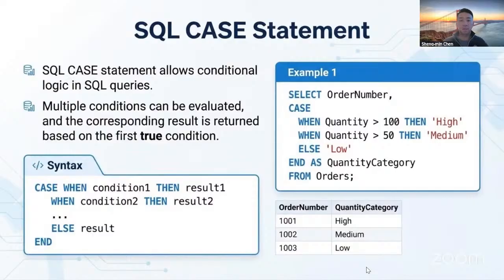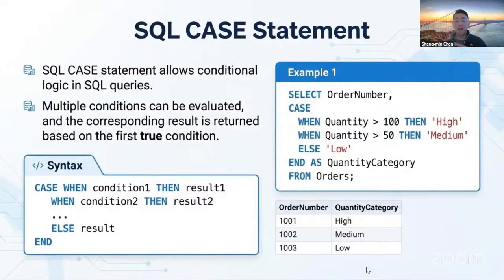Now, in this example, the case is being applied as a display of a column in your result set with the select query. So in this case, you want to show that a certain order has a high quantity of items in there, right? That's what you want to see.